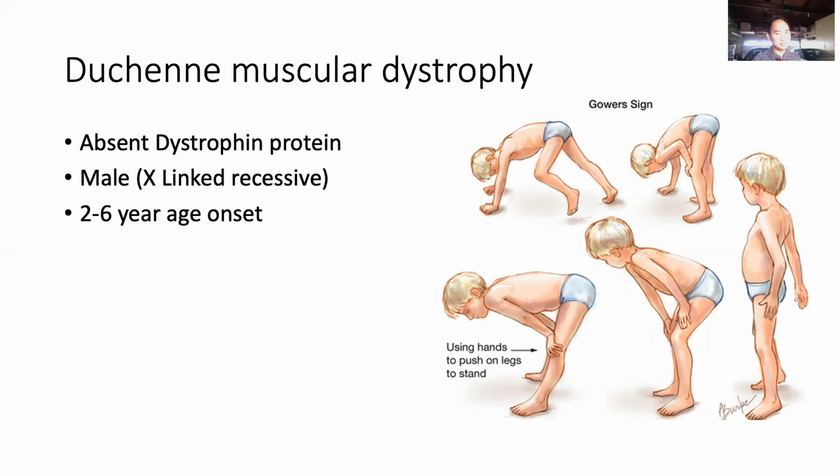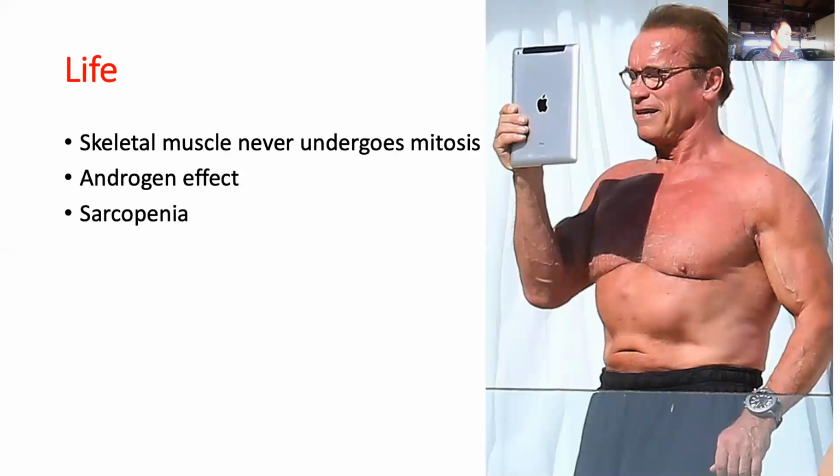Okay, last slide. We saw this gentleman at the very first of the lecture. Now here he is. That is life. That is what we call sarcopenia. With age, in old age, we are going to lose our muscle fibers.